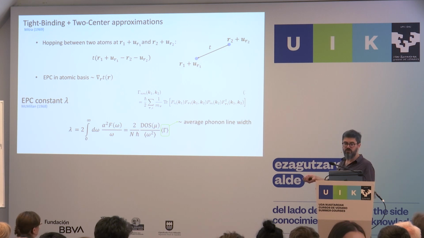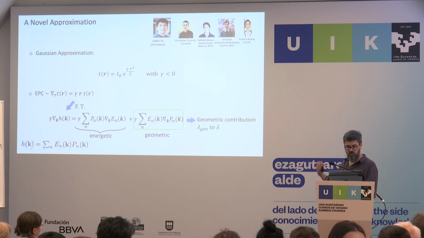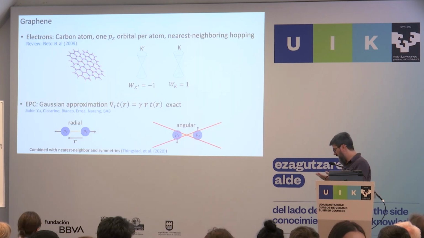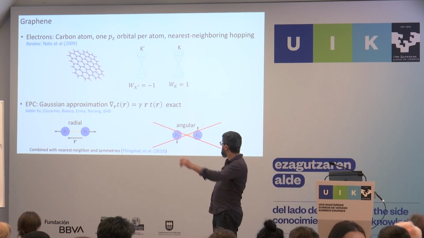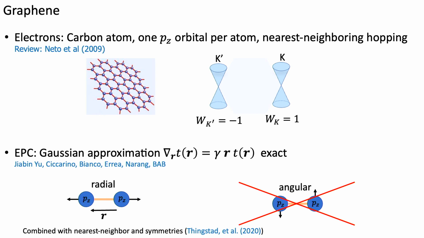Now, I don't need to get you through the details because that's kind of annoying, but I'll show you the results. First of all, I want to point out that in graphene, this approximation is exact. The reason it's exact to nearest neighbor is that graphene, if you expand it in harmonics of the space group, is just one harmonic. You don't have many terms.